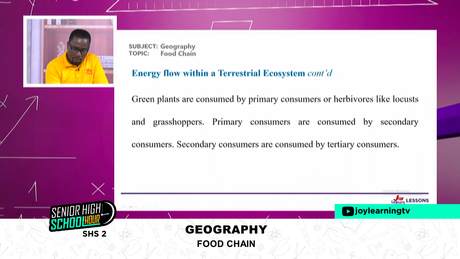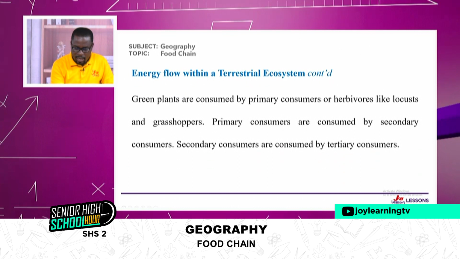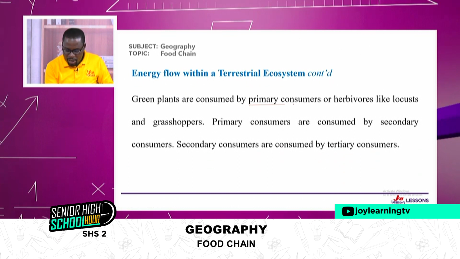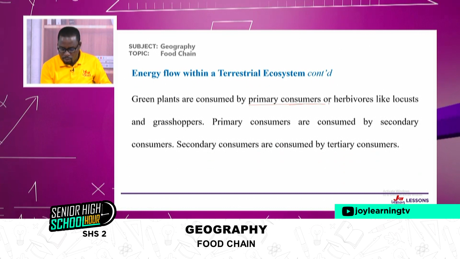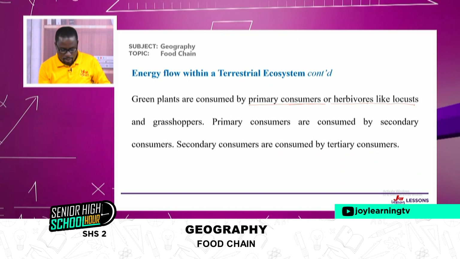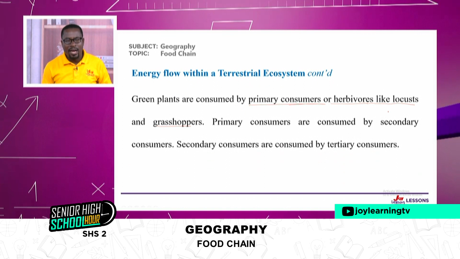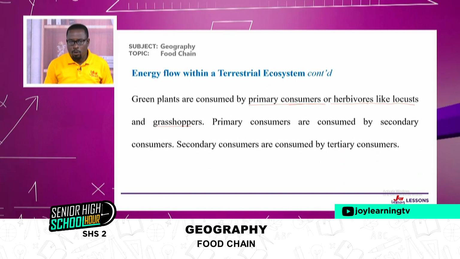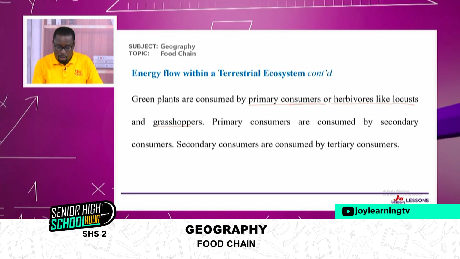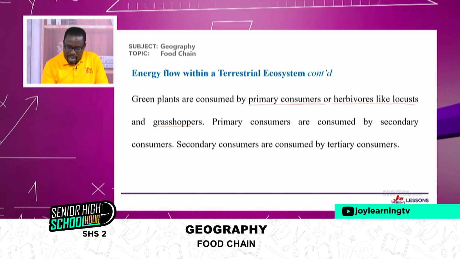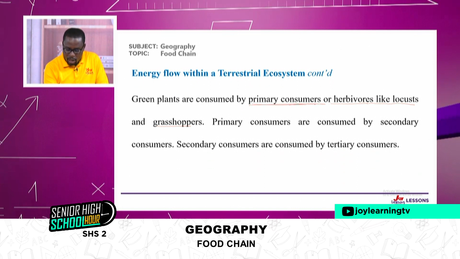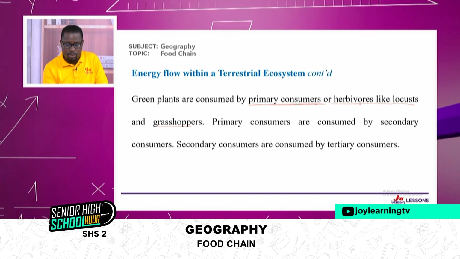Now, still on the energy flow within a terrestrial ecosystem, green plants are consumed by primary consumers or herbivores like locusts and grasshoppers. In fact, the locusts too are a kind of what? Grasshoppers. Okay? Locusts and grasshoppers. They are classified as what? Primary consumers or herbivores.